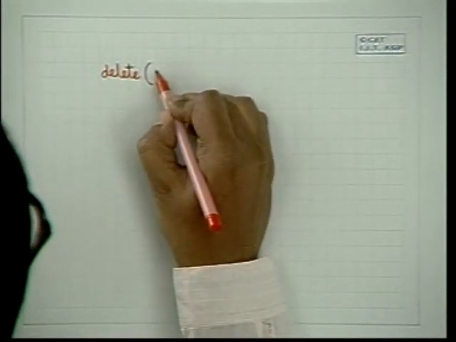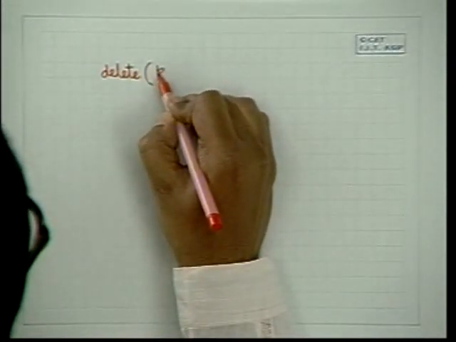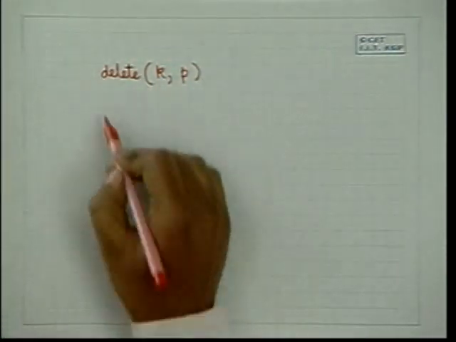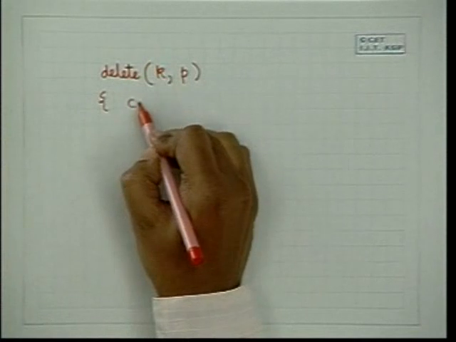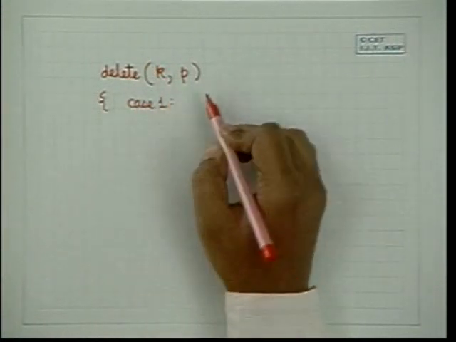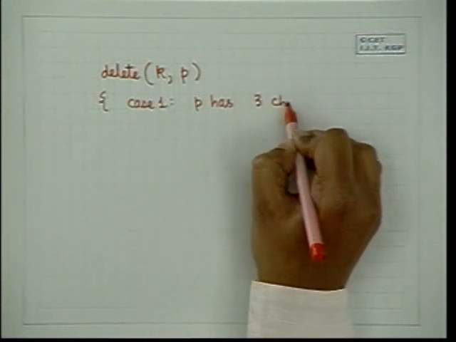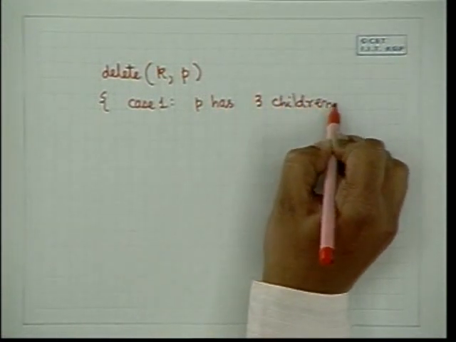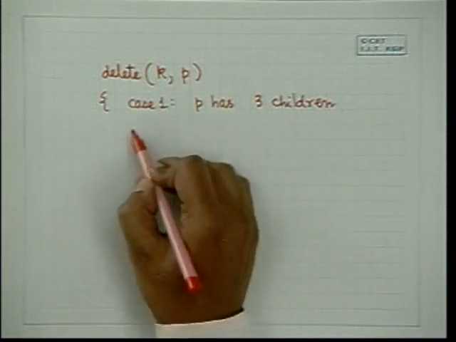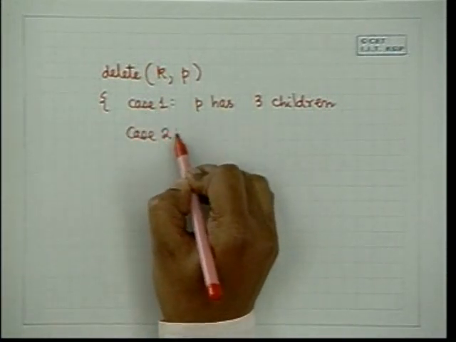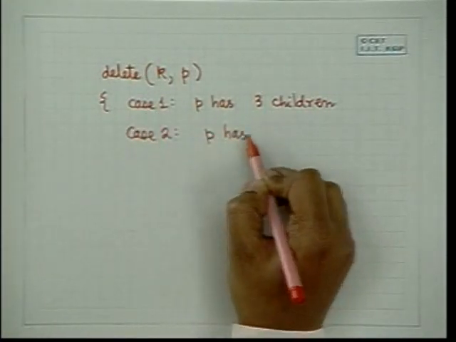Anyway, delete a node k in P. Alright. So here, what is case 1? P has 3 children. This matter is solved easily. Case 2, P has 2 children.